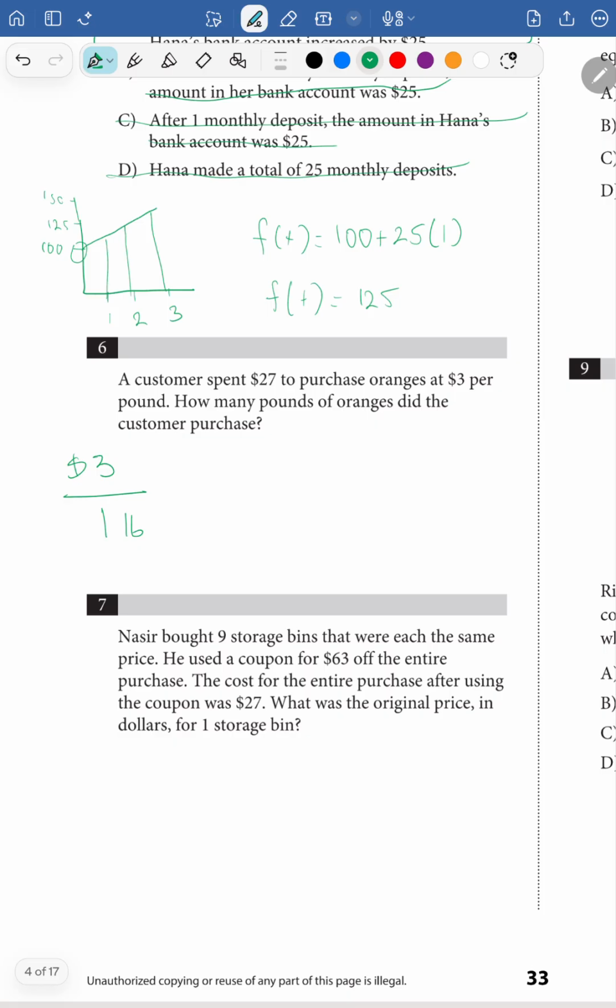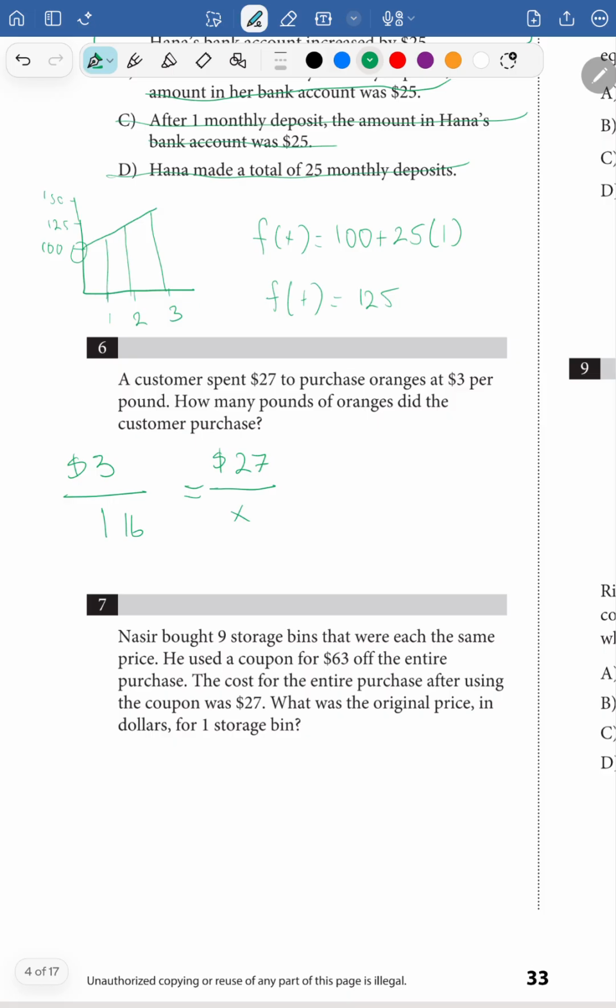And we know we want to figure out how many pounds, but we know how much he spent total. He spent a total of $27. So we're putting the equal values on the same side. So dollars will go in the numerator, pounds will go on the denominator. We don't know how many pounds.